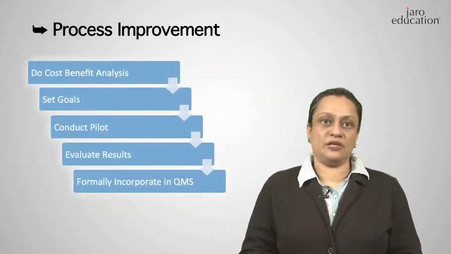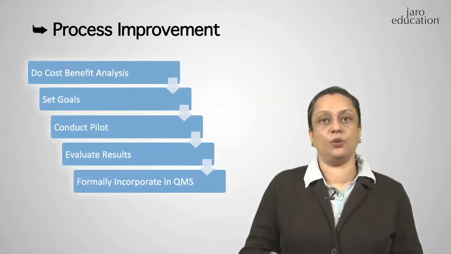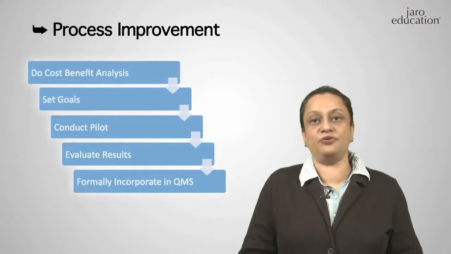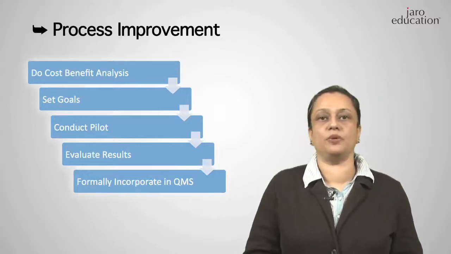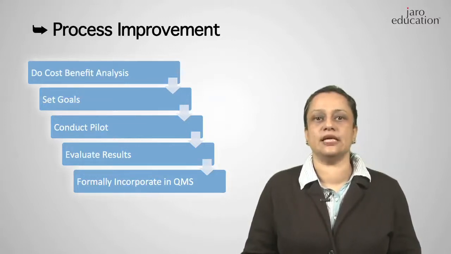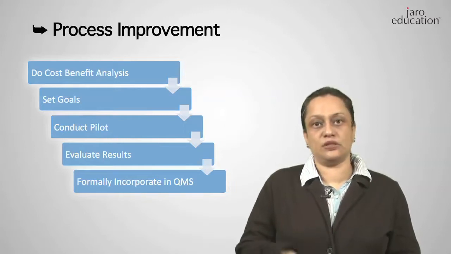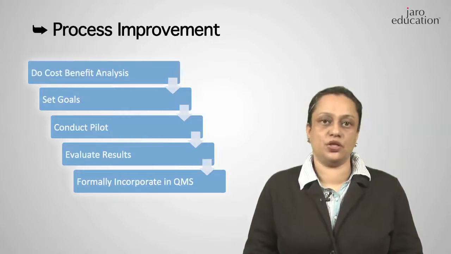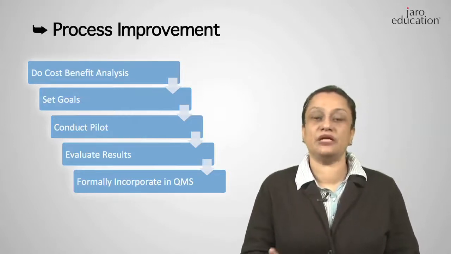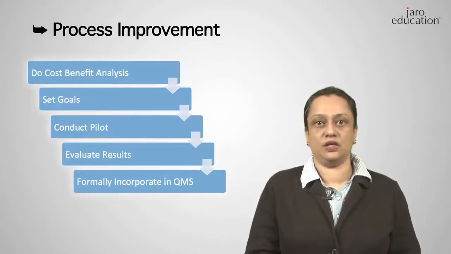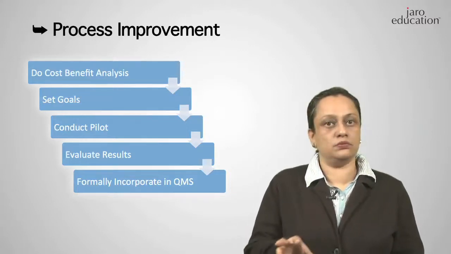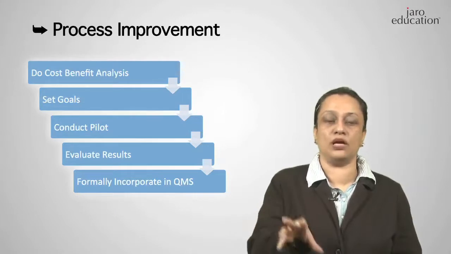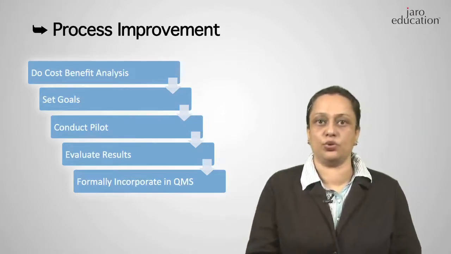We start with a cost benefit analysis. So obviously anything that we change, the benefits have to outweigh the cost. So a proper cost benefit analysis is done. Then you set goals for this new process. So how will things change and how will you determine the effectiveness of this new process? You conduct a pilot, so it's only in one project or one department or one location that you try out this new process.